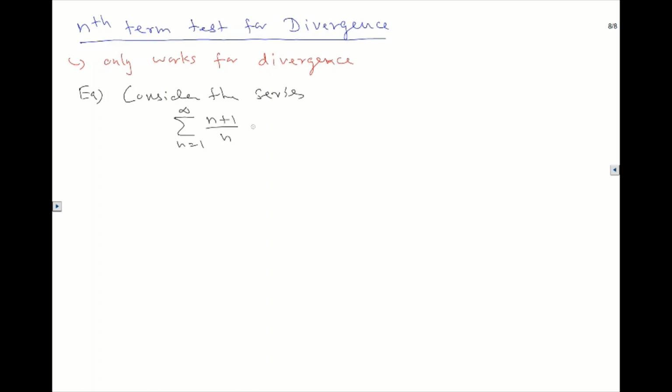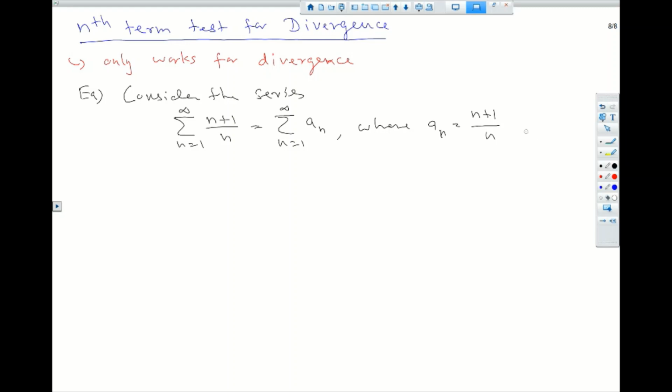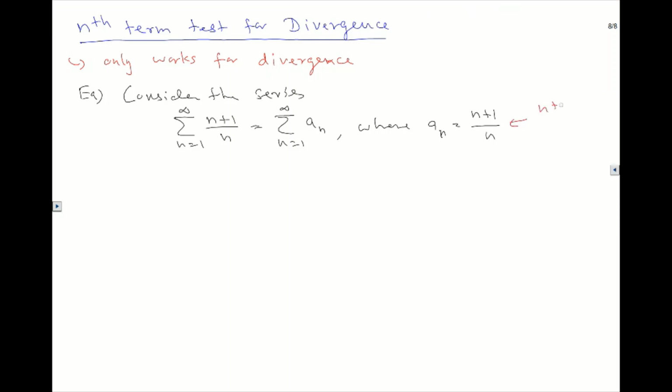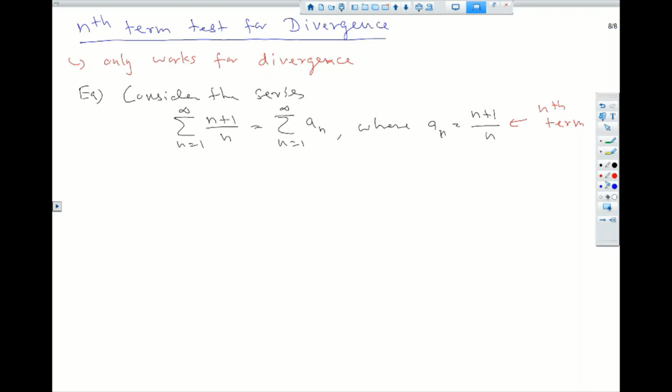That means this is simply sigma n going from 1 to infinity of a_n, where a_n equals (n plus 1) over n. This is simply the nth term. Now let's take the limit of this.